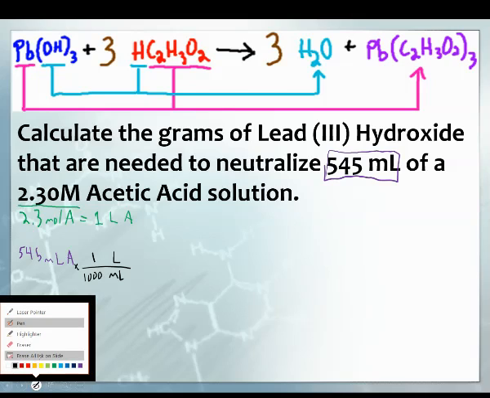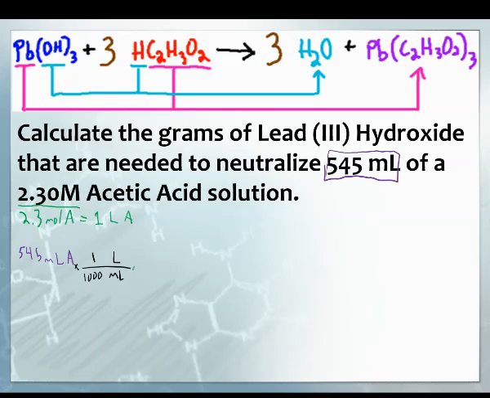Now that it is in liters, I can go to the molarity step to change it to moles, because remember, we need to get to moles whenever we are going to be using stoichiometry. So I have got my liters of acid to moles of acid. According to my molarity, there is 2.3 moles of acid per liter in this question.